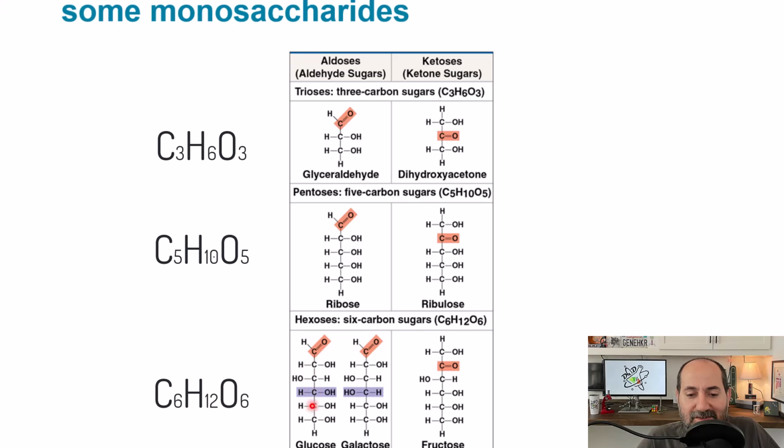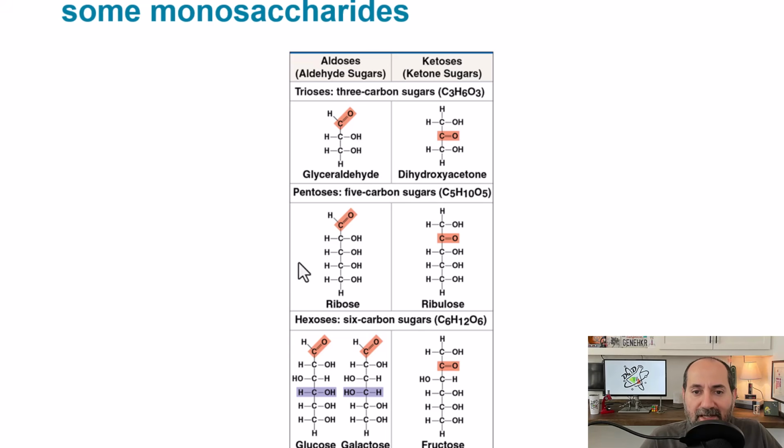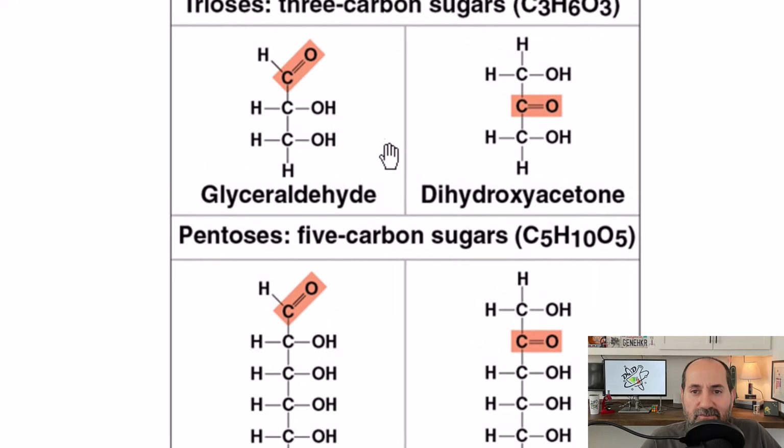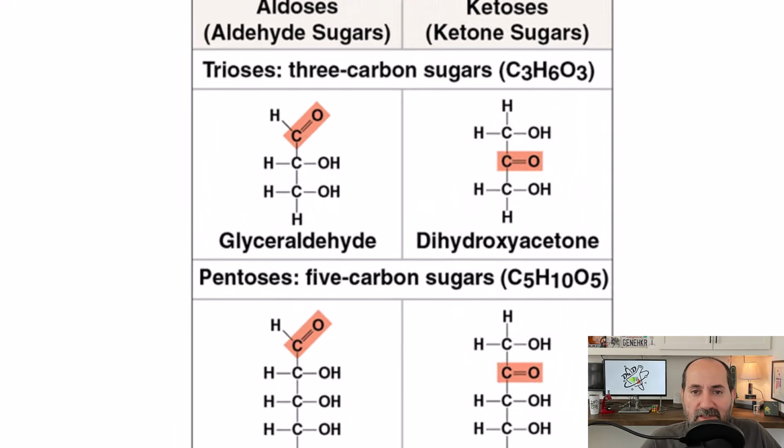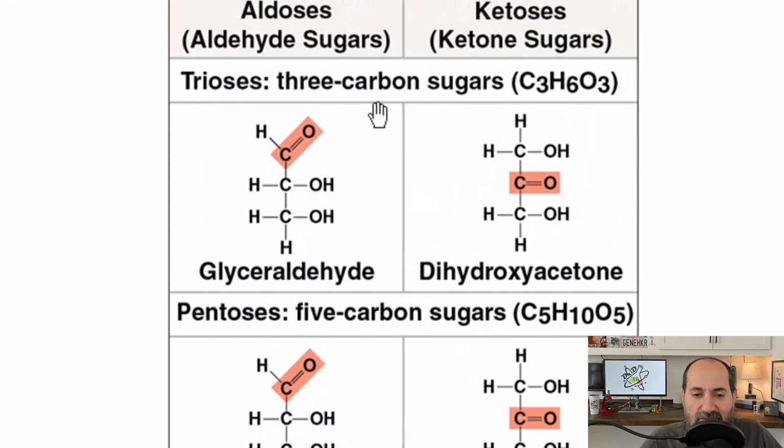Glucose is C6H12O6. So you see that the thing they have in common is that they are all multiples of CH2O. And by the way, remember when we discussed isomers? There are isomers of all of these different sugars.